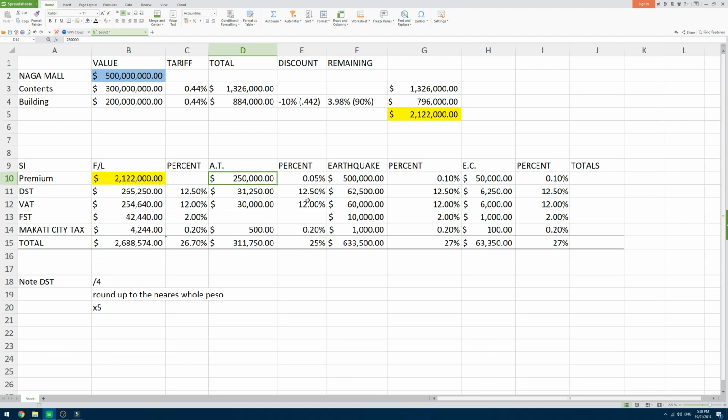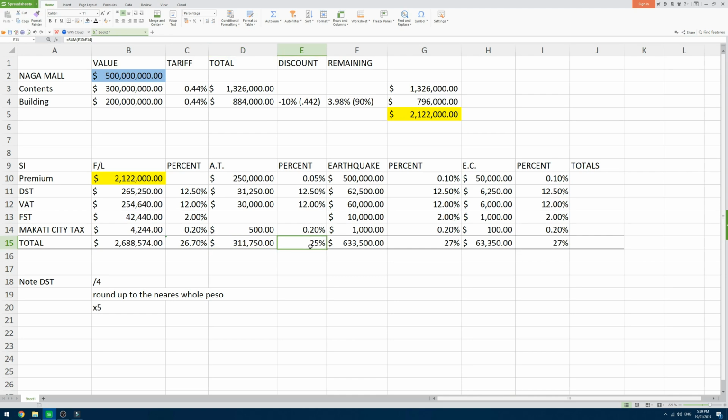Yes, that's 3 zeros. And there it is, 250,000. Apply the tax and legal documents except the FST, because during a typhoon and or flood there will be no fire. So, we end up with 311,750. The tax percentage is 25%.